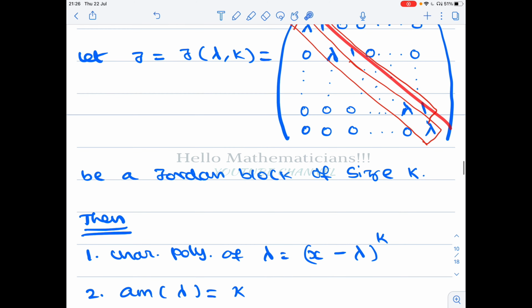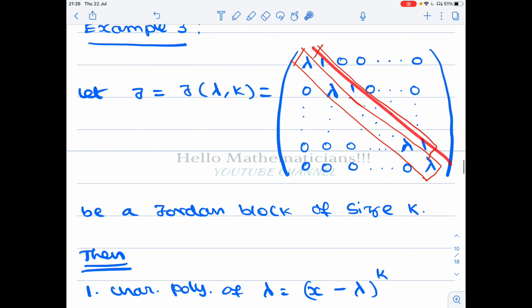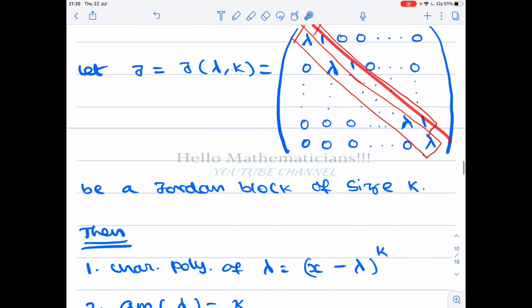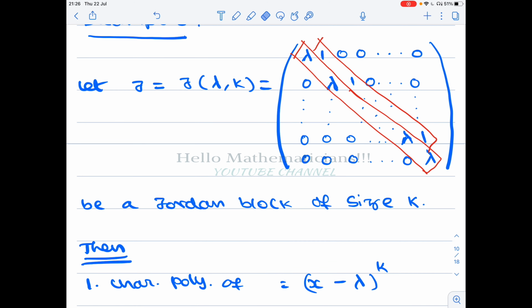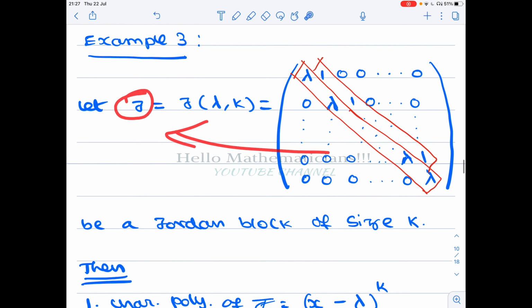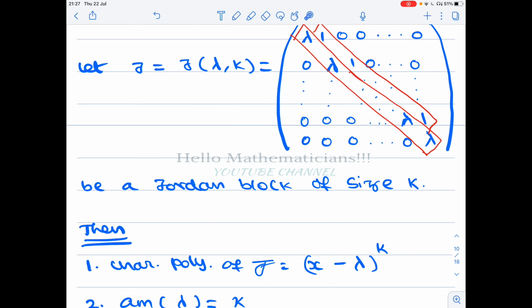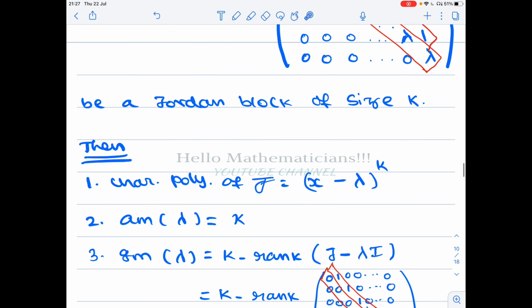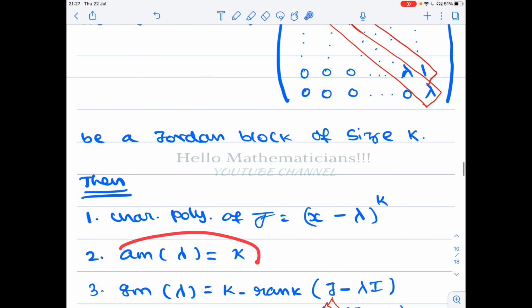Then the characteristic polynomial of this matrix, this block, say this is J, the characteristic polynomial of J is clearly (x minus lambda) to the power k. Why? Because it is an upper triangular matrix, therefore the diagonal entries are the eigenvalues, so it is (x minus lambda) to the power k, and therefore the algebraic multiplicity of lambda is k.